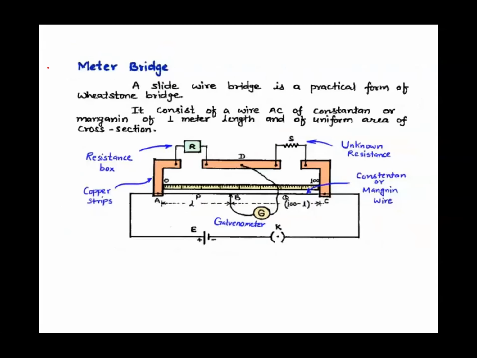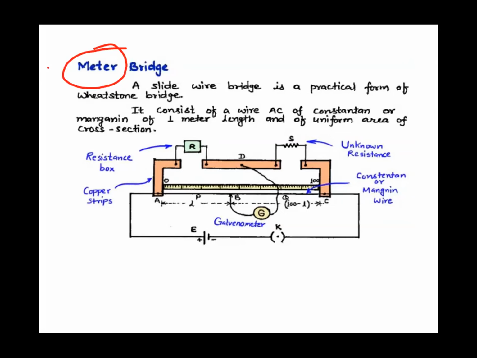Next is the meter bridge. The word meter, we know meter, centimeter, right? So your meter indicates the length of the wire. In this bridge, a wire is used and its length is 1 meter. Right, children?